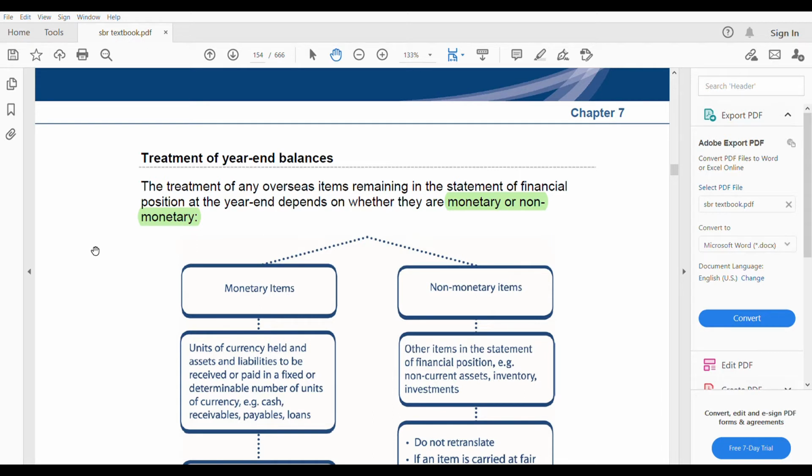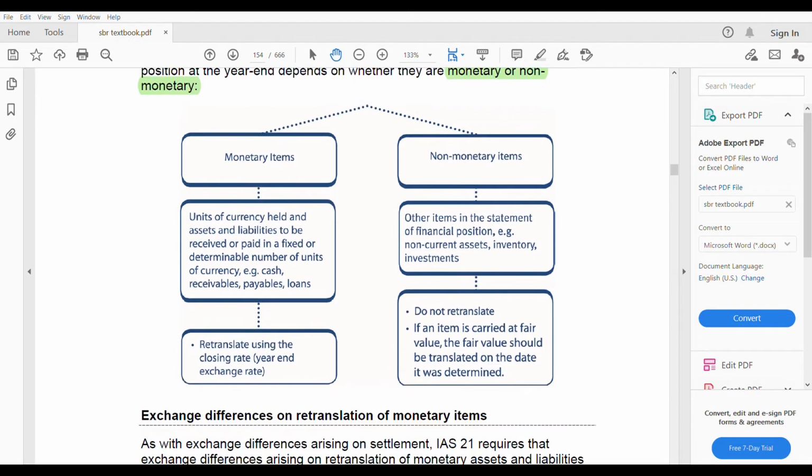Let us go through monetary items first. These are units of currency held, and assets and liabilities to be received or paid in a fixed or determinable number of units of currency. For example, cash is definitely a monetary item. Receivable, because you are receiving money from your debtors, is monetary. Payable also, loan also. You are going to receive or you have to pay some fixed currency, so they are known as monetary items.